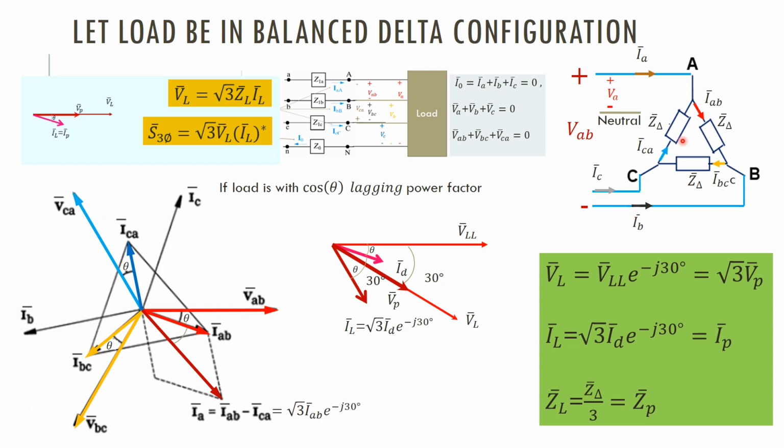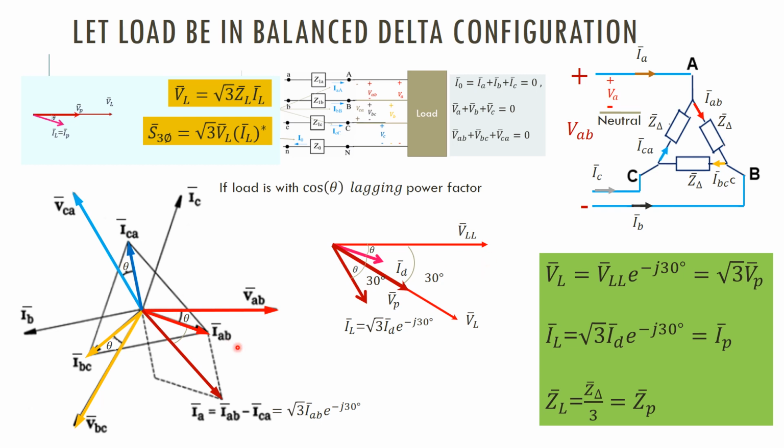Then you can take the phase current, or the arm current, of each arm of the delta connected load. That is, here IAB, here IBC, and this is ICA, right? This can be found, so from that we will draw the phasor diagram.